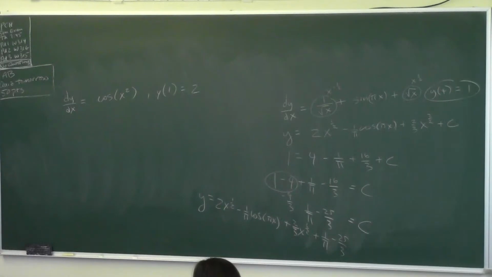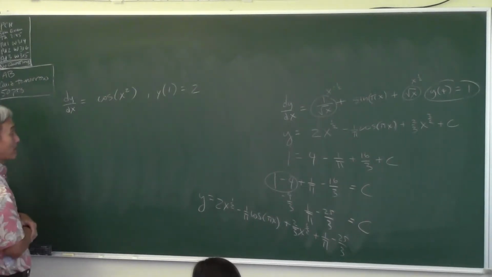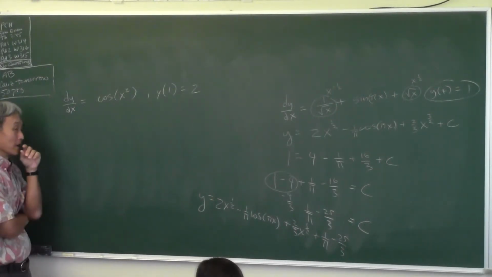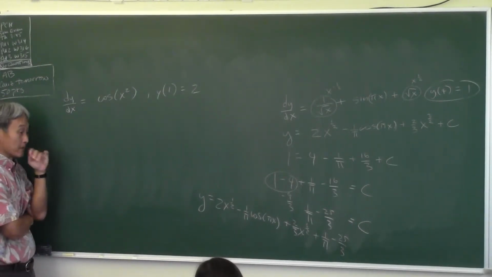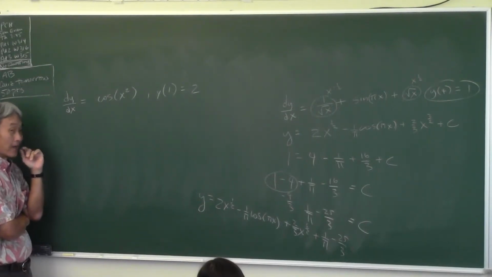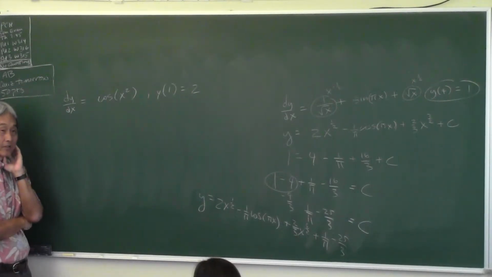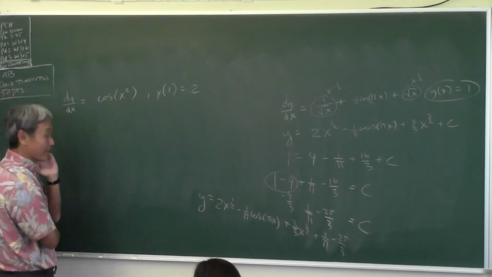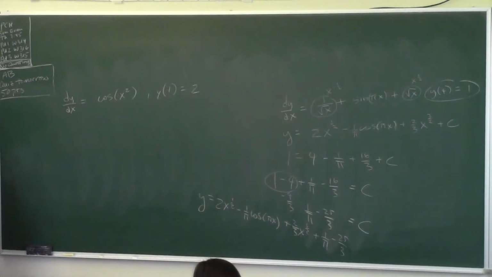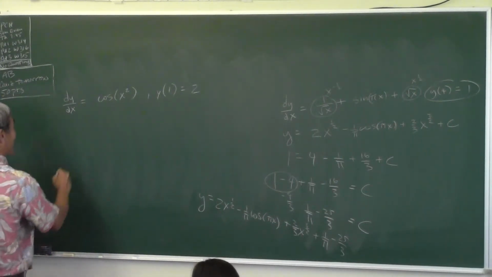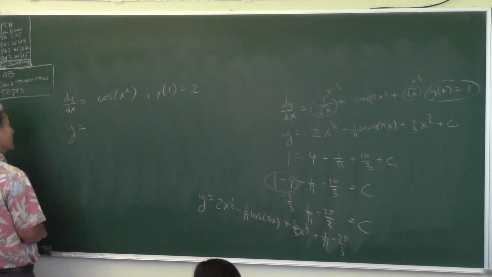There you go. Now the directions in the book give you a hint, and I'll probably give you that same hint tomorrow. It says use the fundamental theorem of calculus to solve this differential equation. It's actually the fundamental theorem of calculus part 1. We actually did this on a previous homework.